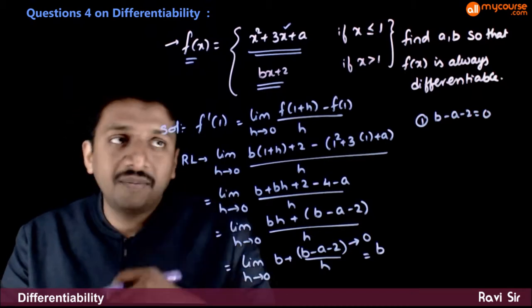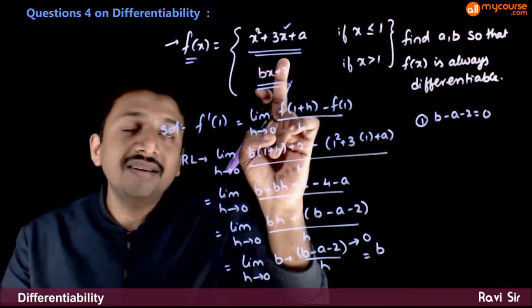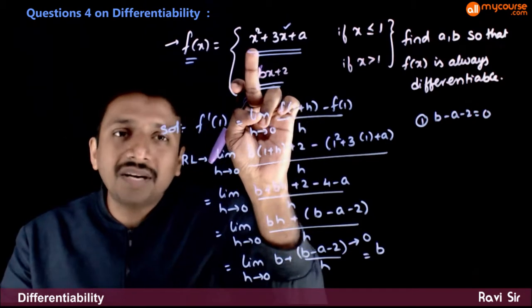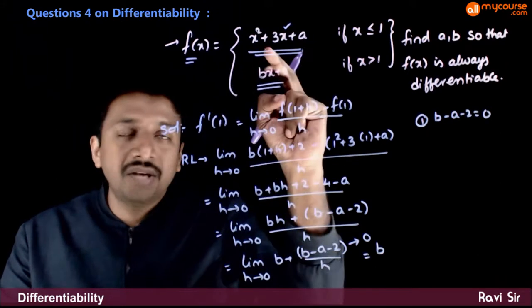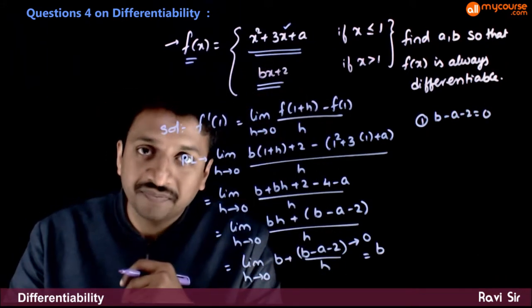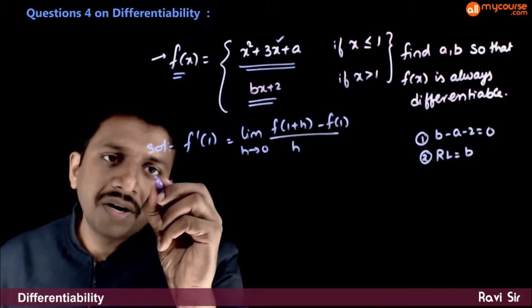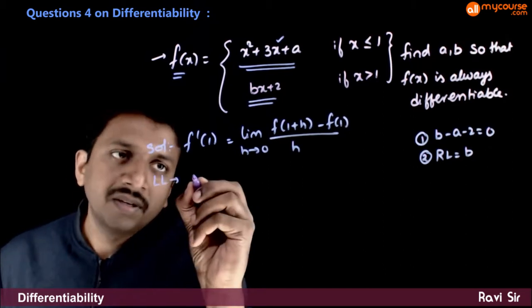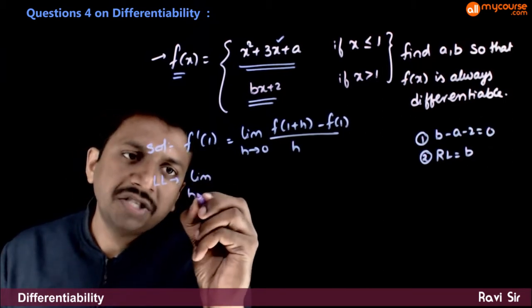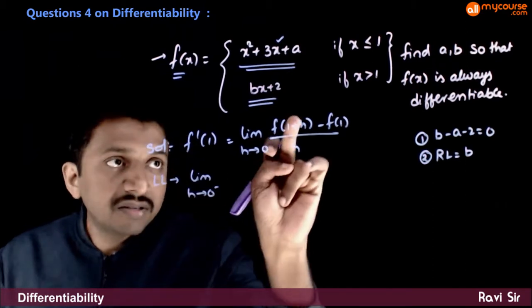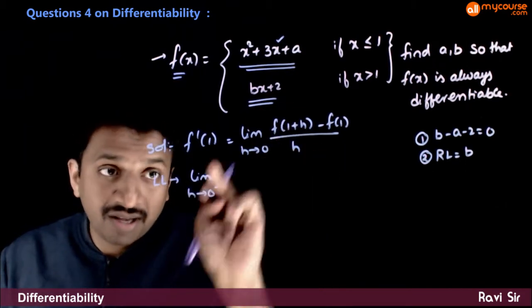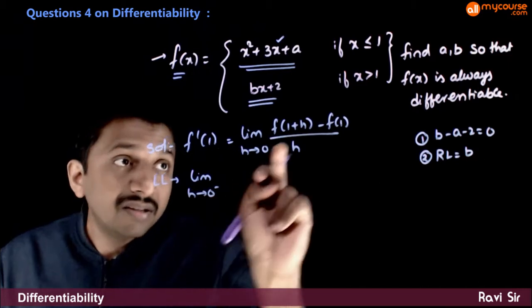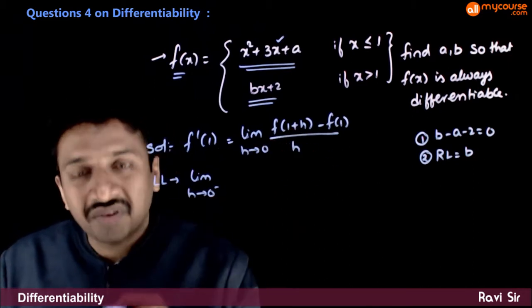Now what is the left hand limit? Left hand limit is slightly more complicated because you have a quadratic function. So limit h tends to 0 minus. Now f(1 plus h), h is a slightly negative quantity, so 1 plus h is slightly less than 1.